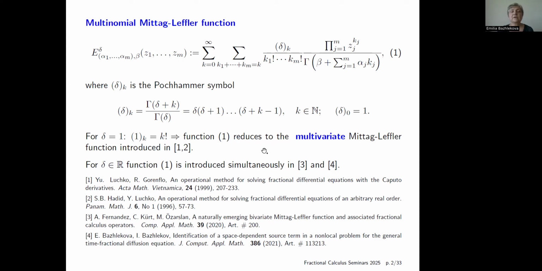This was the motivation to introduce the functions in equation 1 with arbitrary real delta.